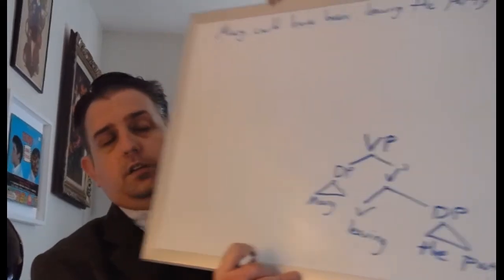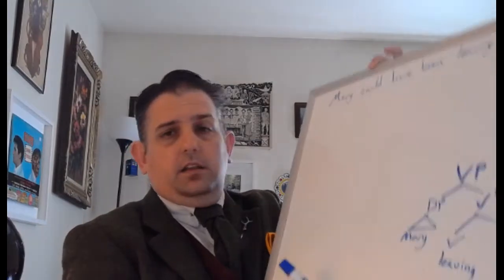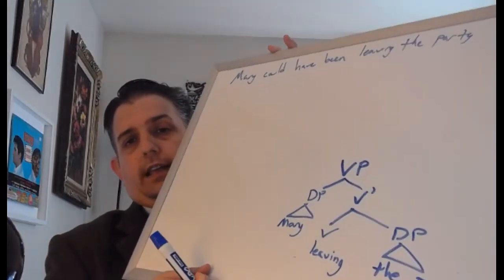But then the next question is, what happens? Where do we put things like been and have? Well, again, the way the textbook deals with this is it just stacks additional VPs on top.